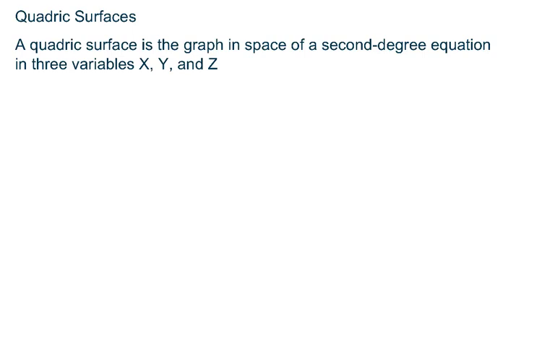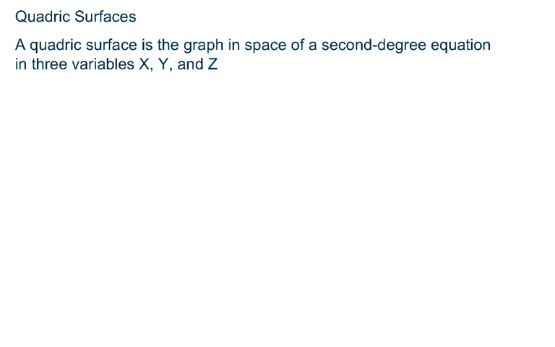A sphere is an example of an ellipsoid. A sphere is a specific ellipsoid where we have the same dimensions extending out in x, y, and z. But if you made one of those a little bit longer in one direction, that would give us a different shape.